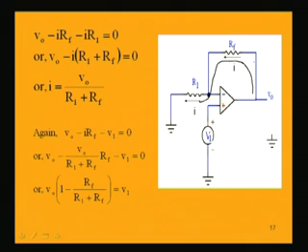Now, again we can come from V naught to the ground in this way also, that is another closed loop, and if we apply Kirchhoff's voltage law to that loop, what will we get? V naught minus V1 equal to 0, but that will not lead to a good expression. What we will be using is V naught minus I into Rf minus V1 equal to 0.